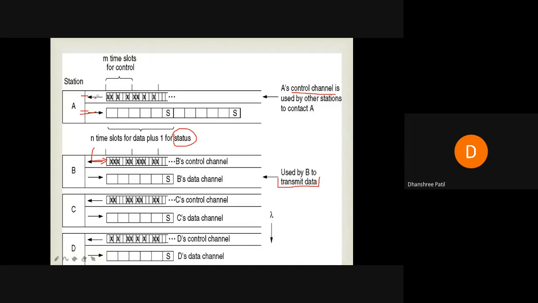Okay, now suppose reversely B wants to establish a connection with A, so B will establish a connection in A's control channel, and after that it will communicate with A by using its transmission data channel. Okay, in this way the communication between these two stations happens.